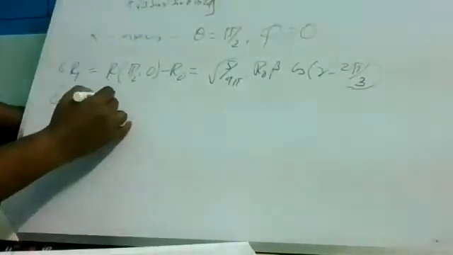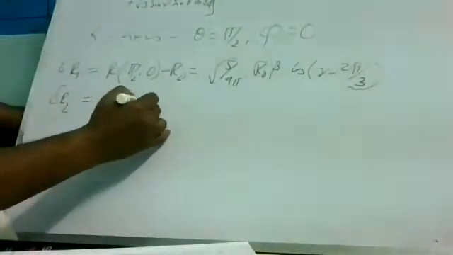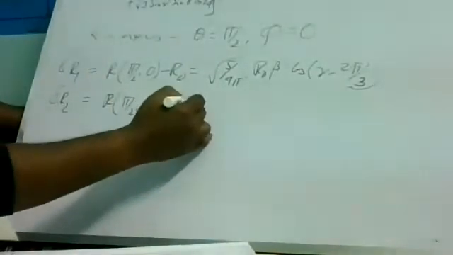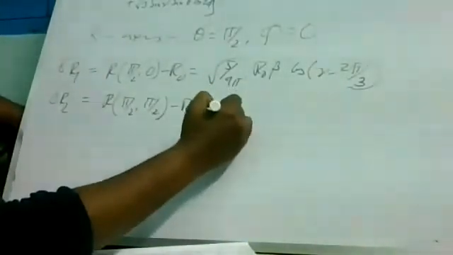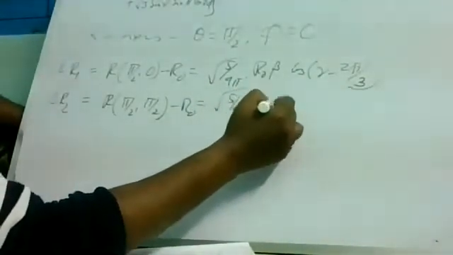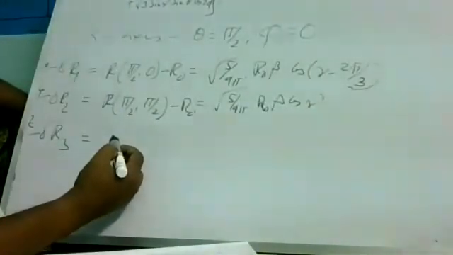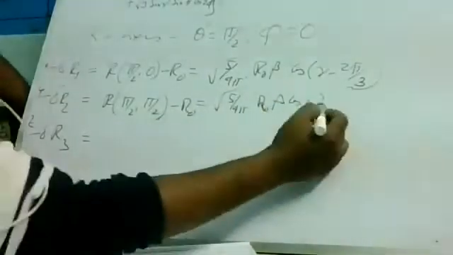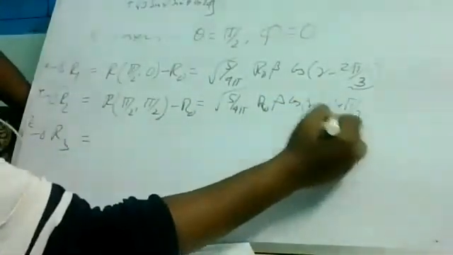Similarly, delta R2 would be R(pi by 2, pi by 2) minus R0, which is root over 5 by 4 pi R0 beta cos gamma minus 4 pi by 3.